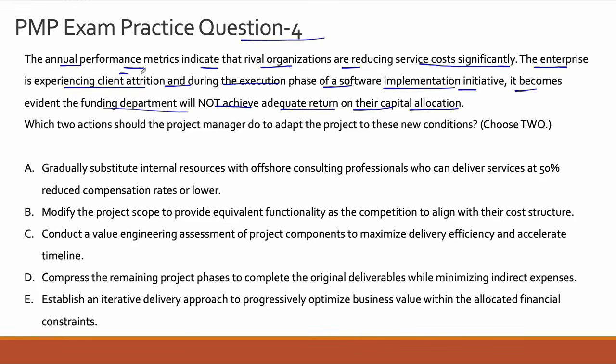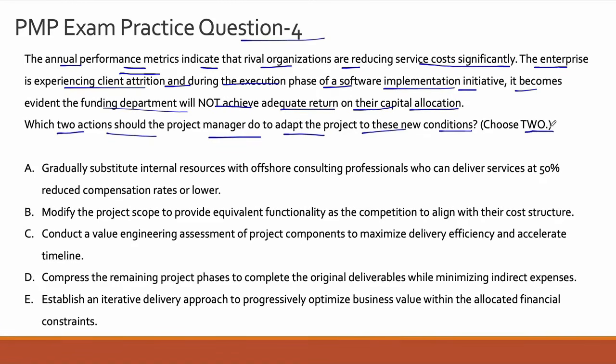So because of this client attrition, a project which is midway, in the execution stage, they are forecasting at this point in time, it has not happened actually, but it's a forecast that the funding department will not achieve adequate rate of return on their capital allocation. Which 2 actions should the project manager do to adapt the project to these new conditions?